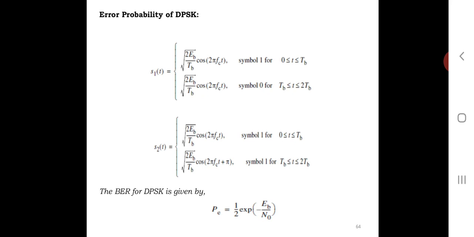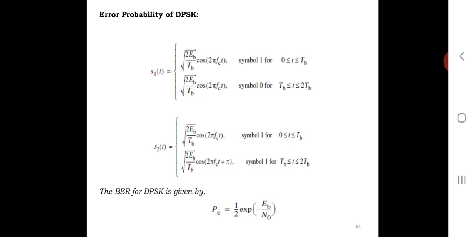First we do the encoding and then we go for the PSK signaling.